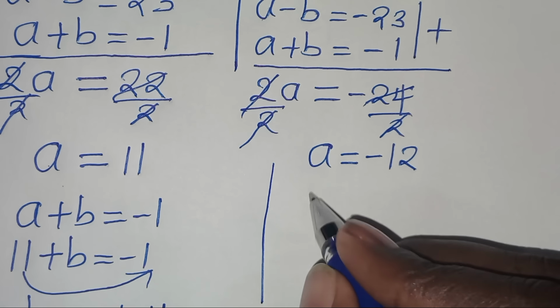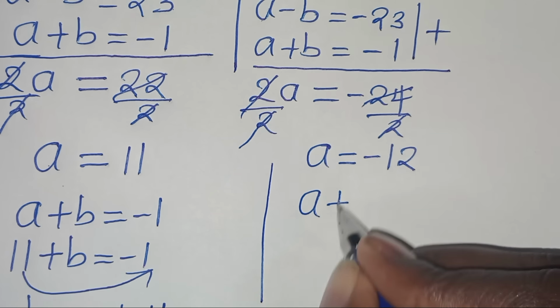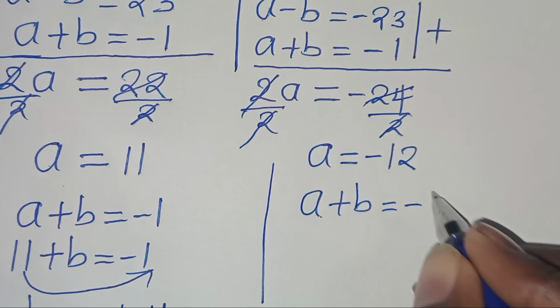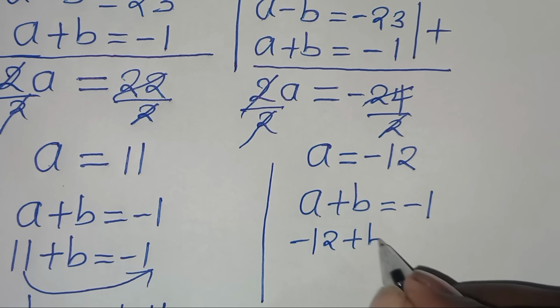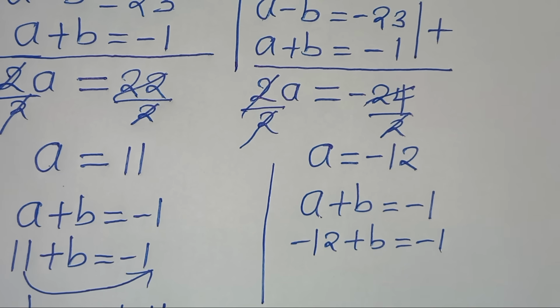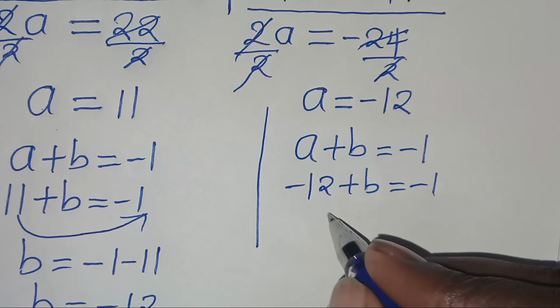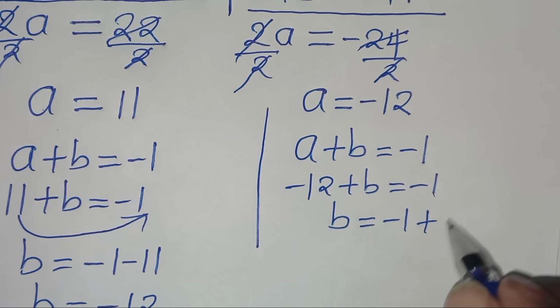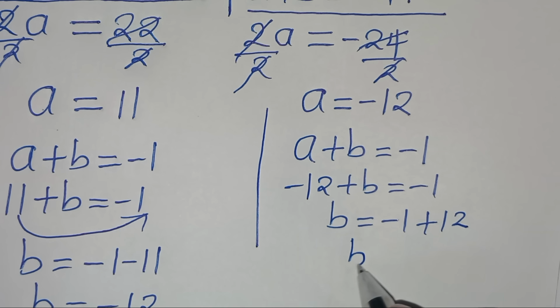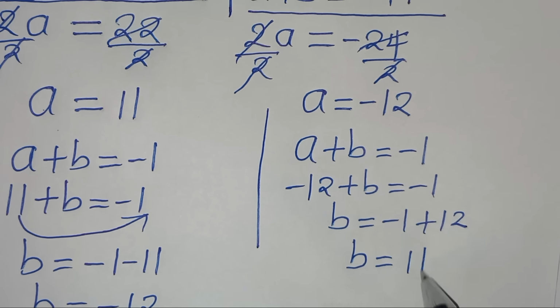Now let's solve for the value of b. We have that a plus b is equal to negative 1. Let's substitute a, which is negative 12, plus b is equal to negative 1. So that means that b is equal to negative 1 plus 12. So we have the value of b is equal to 11.